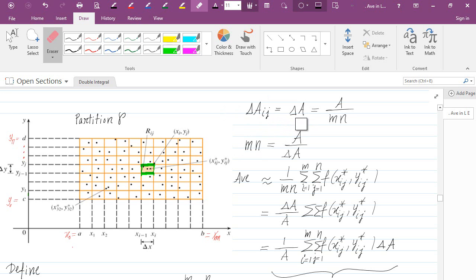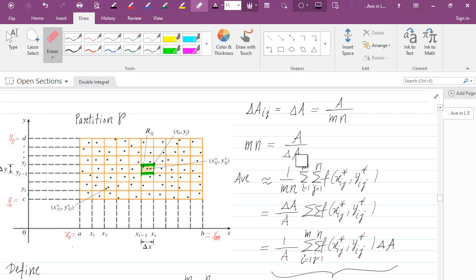Now the area of each of these sub-rectangles would be equal to the area of the entire rectangle R divided by the number of sub-rectangles. And from this equation we can say that the number of sub-rectangles mn is equal to the area of the entire rectangle R divided by the area of one sub-rectangle.